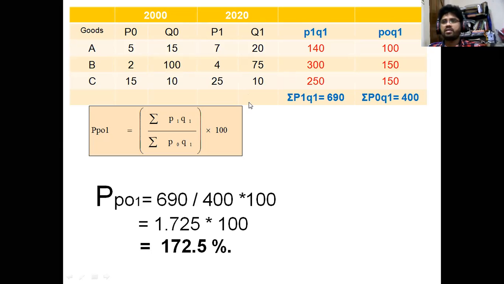Somnath, you have raised the question that we are not able to get the same answer when applying both formulas, right? Yes, sir. When I discussed the Laspeyres index, I told you that the Laspeyres formula uses the base year as the weight, but the Paasche index number considers the current year quantity as the weight. You consider the base year quantity, but I am considering the current year quantity.